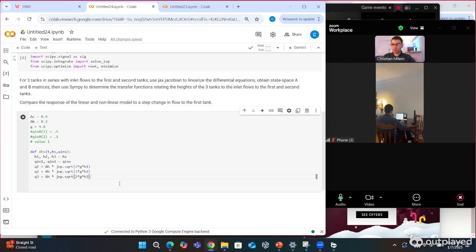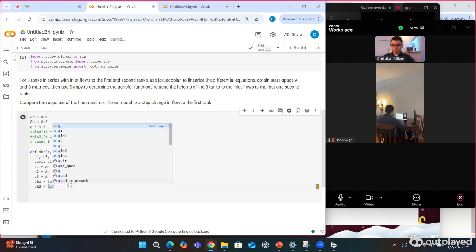Now we can pull our differential equations out of this. dH1 is equal to the flow rate going into the first one minus the flow rate out, all divided by the cross-sectional area of the tank. dH2 is the same thing, but we also have QN2, another flow rate going into tank 2.